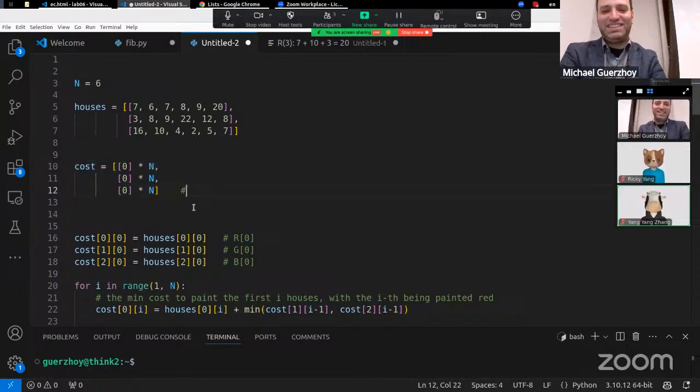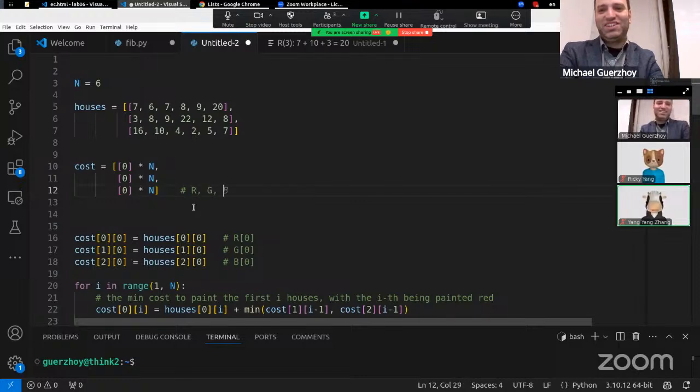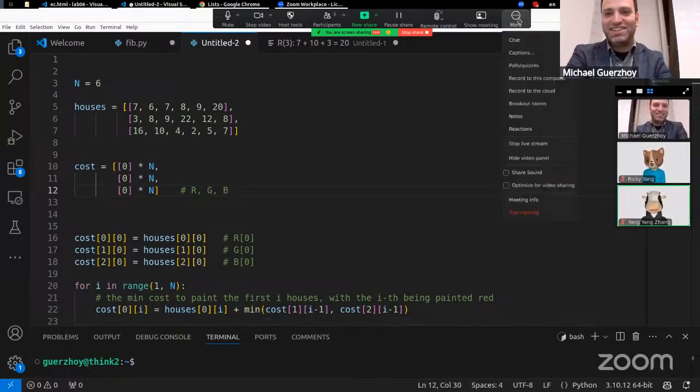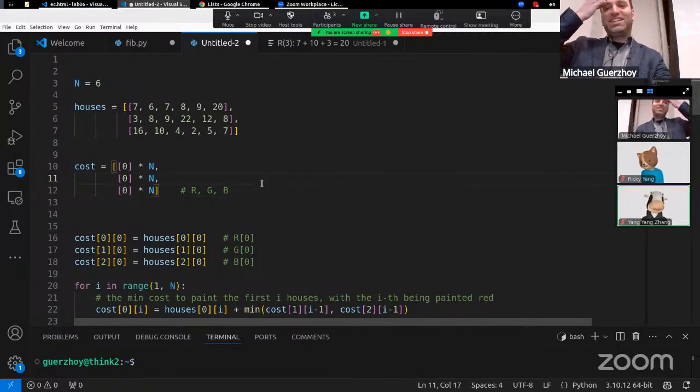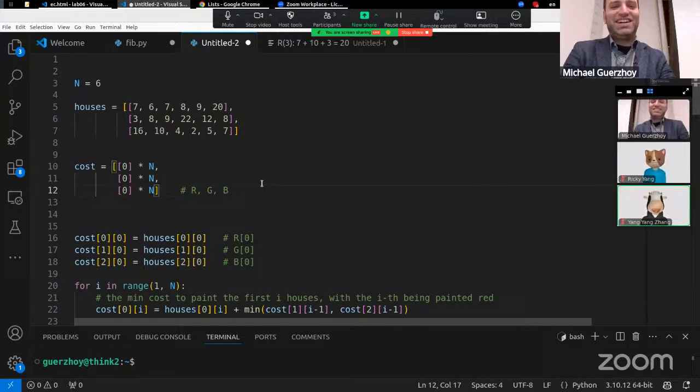R and G and B. Is it like a new Zoom thing that you can do now or something? Okay. How do you do that? Okay, I'll find out for next time. Okay. So, okay, I'll try not to be distracted.